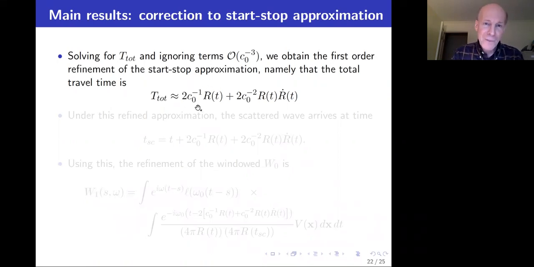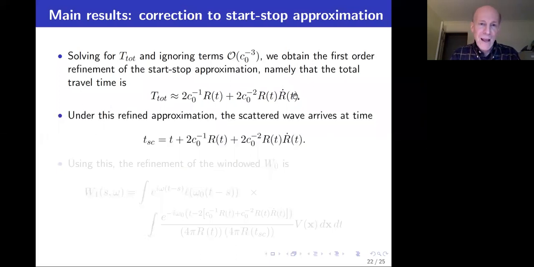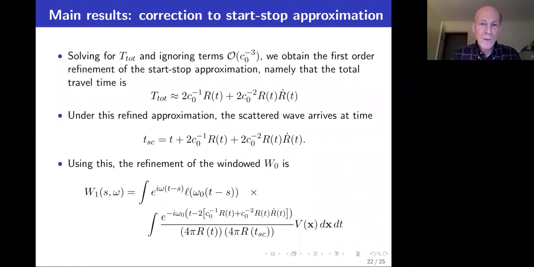So we have the same main term as before, and then we have this correction. And under that refined approximation, the scattered wave arrives at this time here. So we plug this refinement into the windowed Fourier transform.